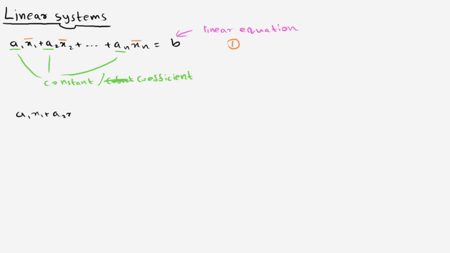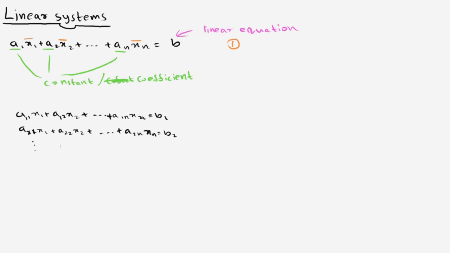So this is just one single linear equation, but in case we have multiple linear equations like this, let's say a11 x1, a12 x2, up to a1n xn equals some b1, then a21 x1, a22 x2, and so on up to a2n xn equal to some b2.